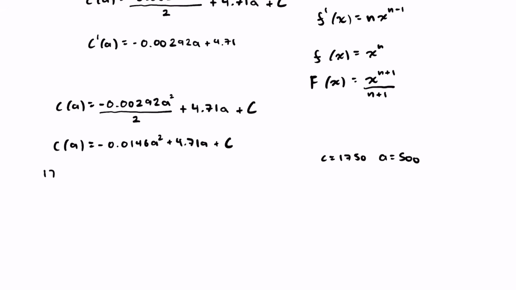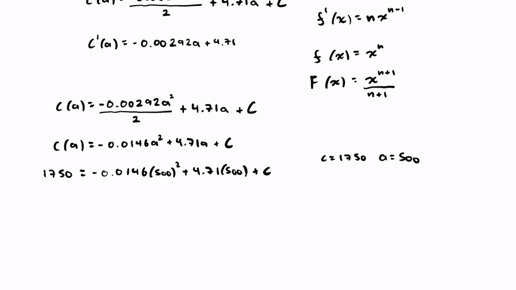So the cost is $1,750 when the area itself was equal to 500. And now we went from 3 unknowns to just one equation with one unknown, and we can go ahead and solve this.